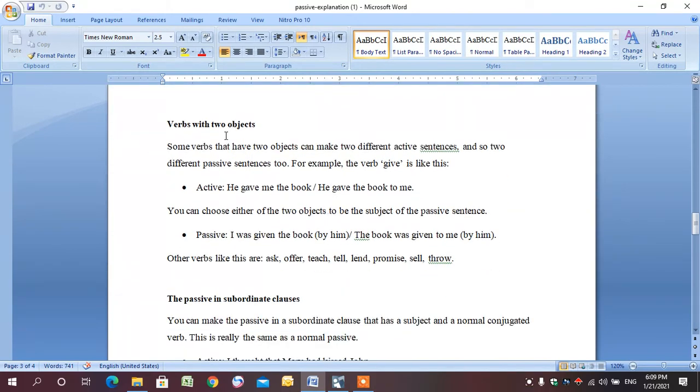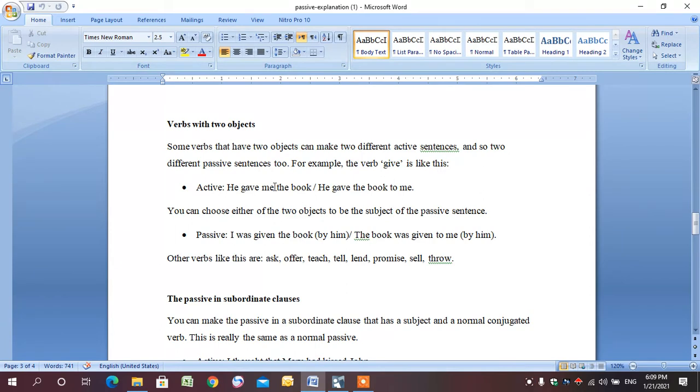Now, sometimes you have verbs with two objects. Some verbs that have two objects can make two different active sentences, because you have two objects, okay? So you can start with either one of those. And so two different passive sentences. So for example, verb give. He gave me the book.